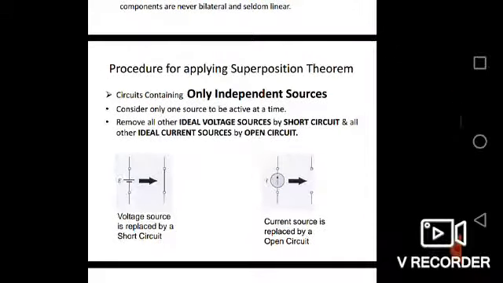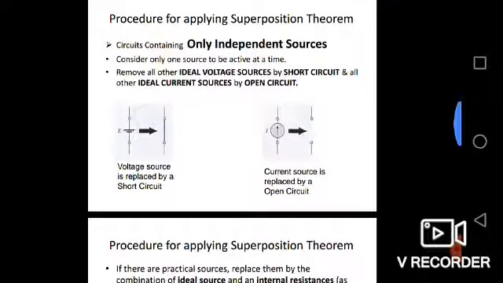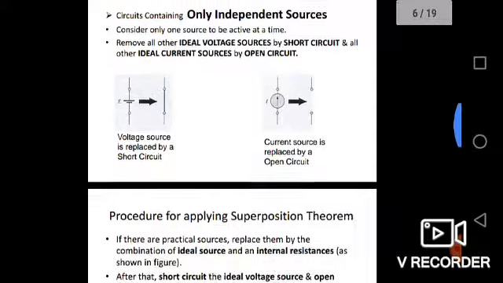Procedure for applying superposition theorem, for a circuit containing only independent sources. The first step is to consider only one source to be active at a time. Remove all other ideal voltage sources by short circuiting and all other ideal current sources by open circuiting.